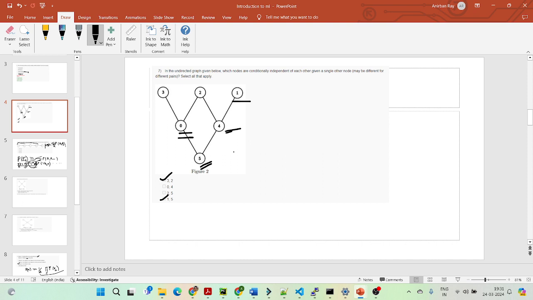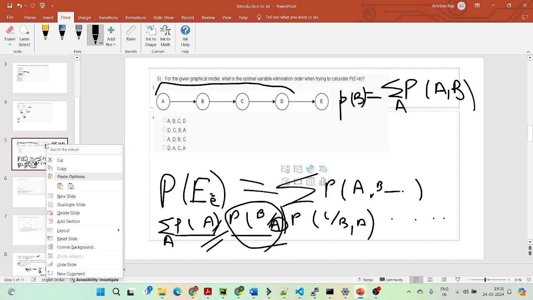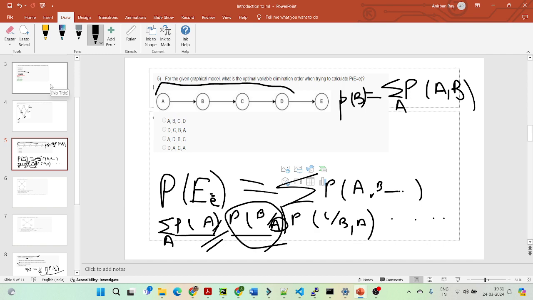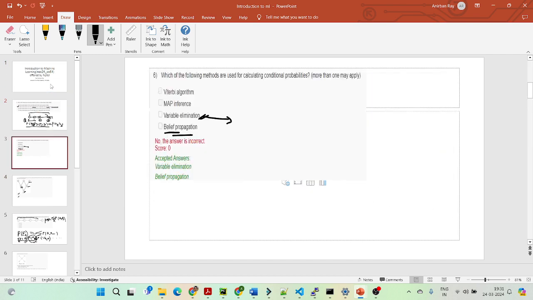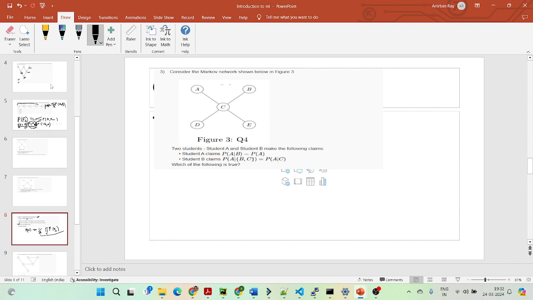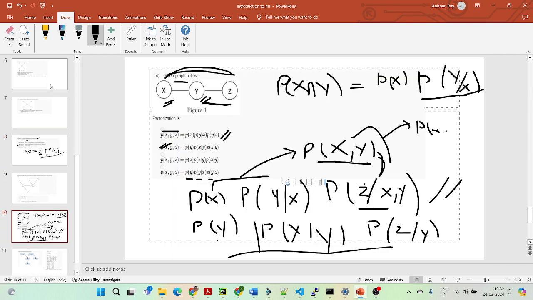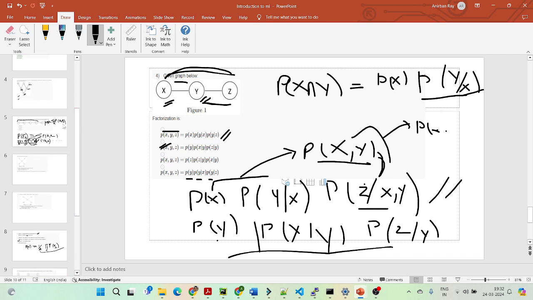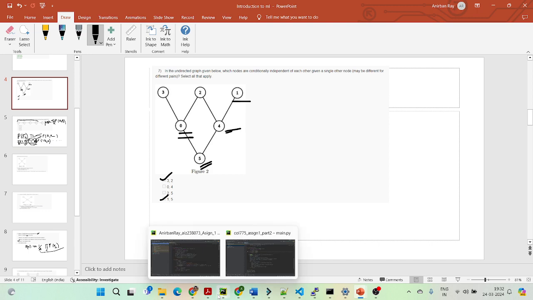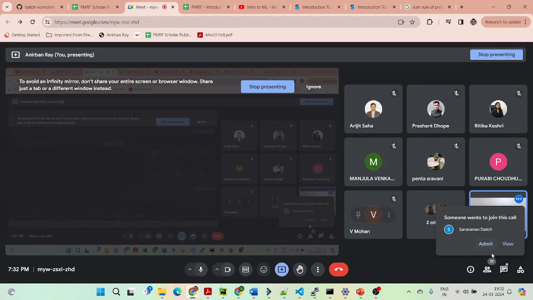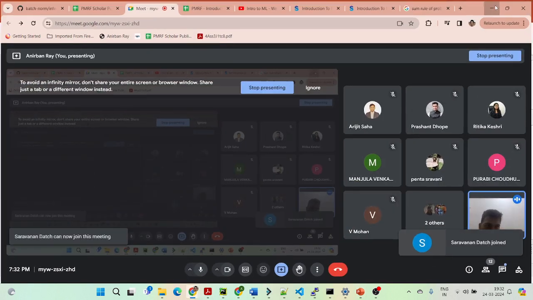What I'm doing is, if the middle node is known, as you saw in that example, if y is known, then x and z are independent of each other. That's the theory here.